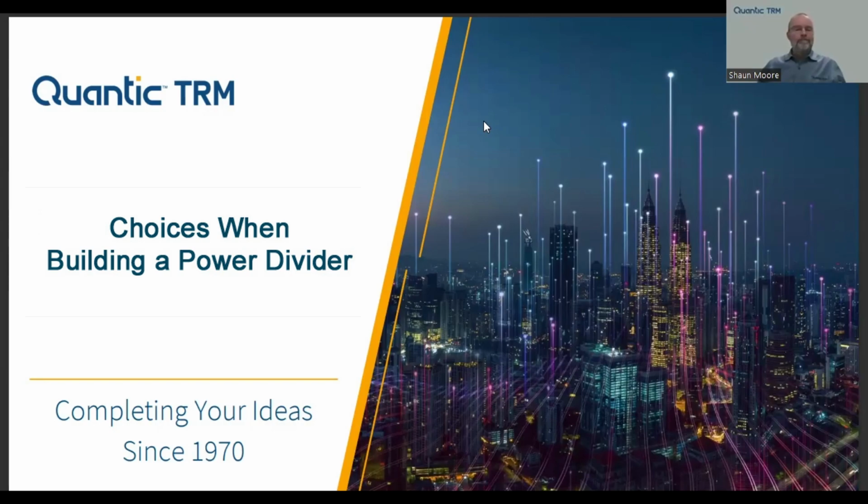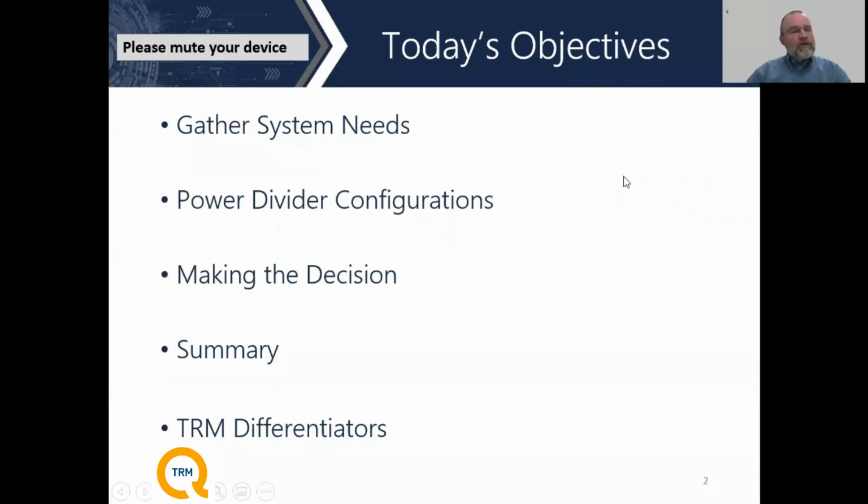Yes, thank you, Paul. So basically, we're going to start today by, obviously, the first thing we need to do when we're making a decision on what sort of power divider we want to get is to see what kind of power divider we need.